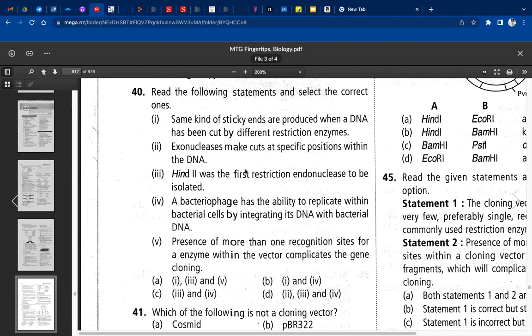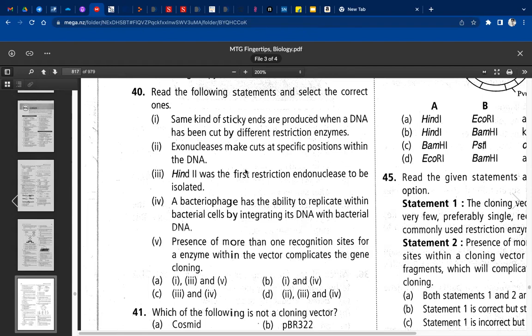So statement 5 is wrong because they have not specified what enzyme. Presence of more than one recognition site for an enzyme within the vector complicates the gene cloning. That's not always true, because if the enzyme that they are talking about is polymerase, that helps the cloning.